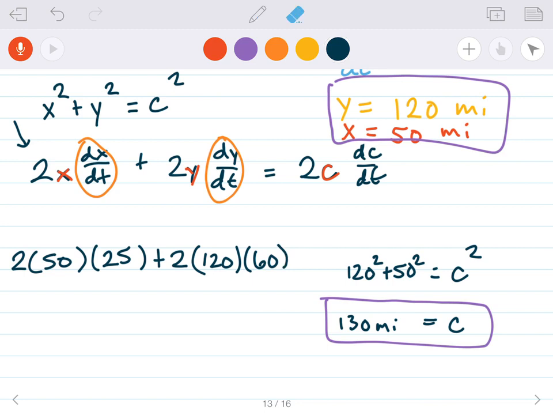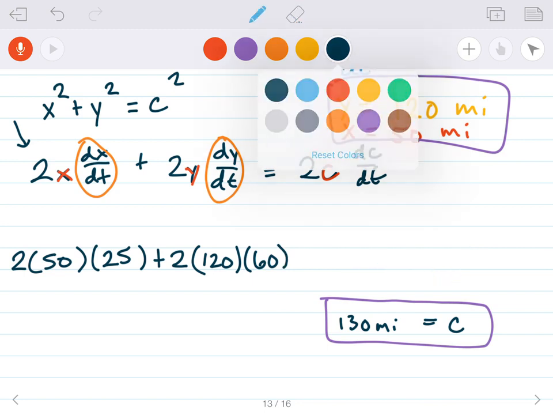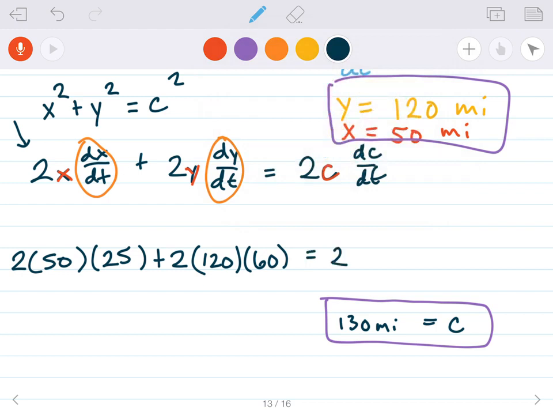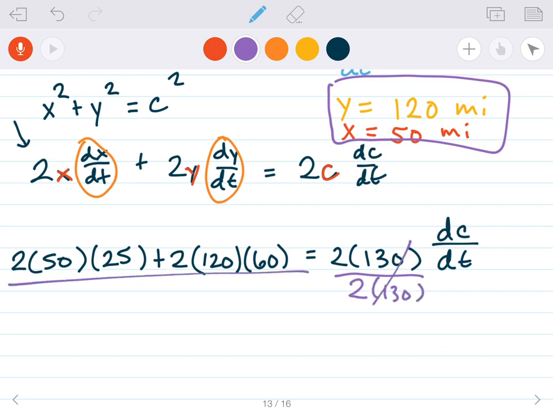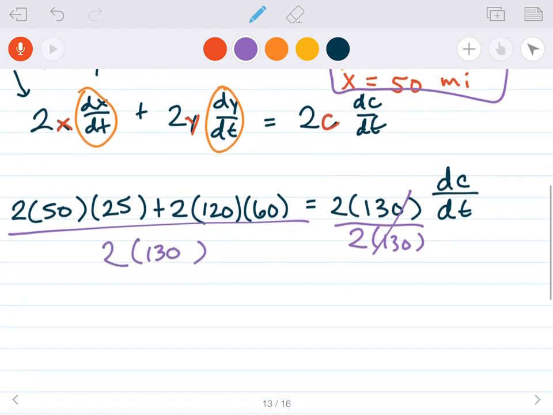Okay. Let me make some room over here. Equals 2 times c, which was 130, times dc dt. All right? Okay, so now I want to figure out what dc dt is. To isolate that, I can just divide both sides by 2 times 130. And I'll just evaluate this in my calculator or in Desmos or whatever.